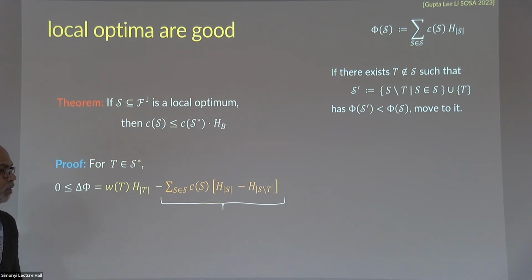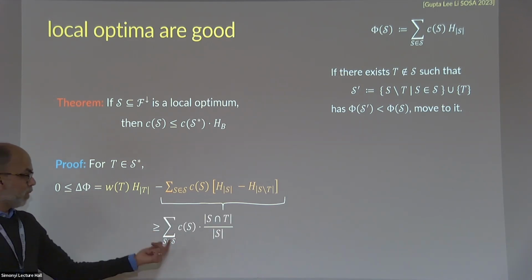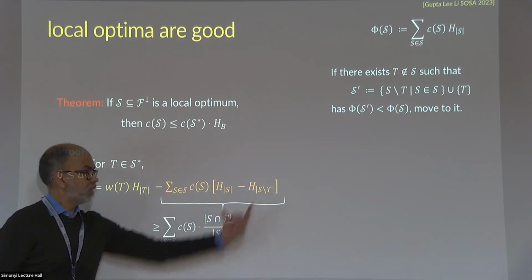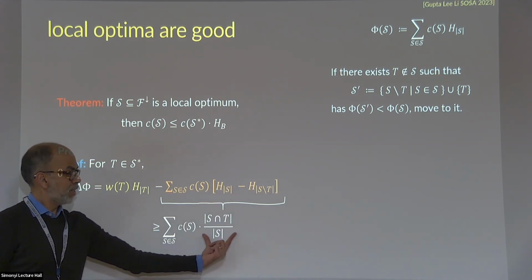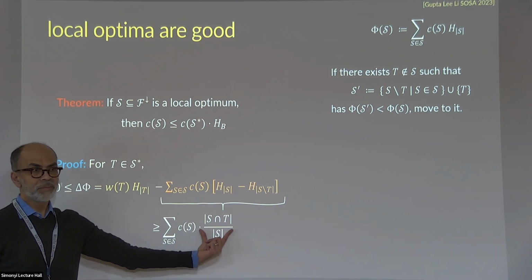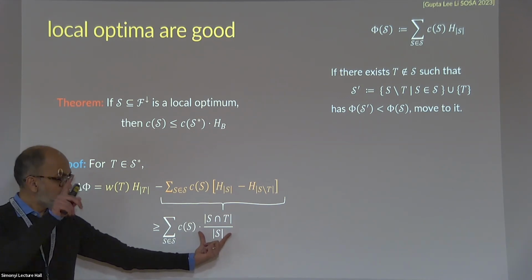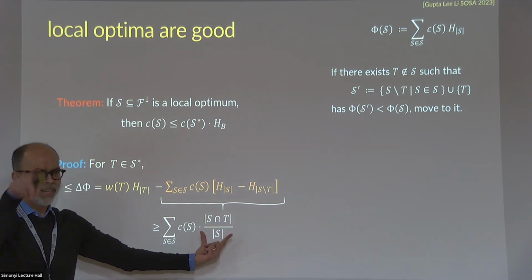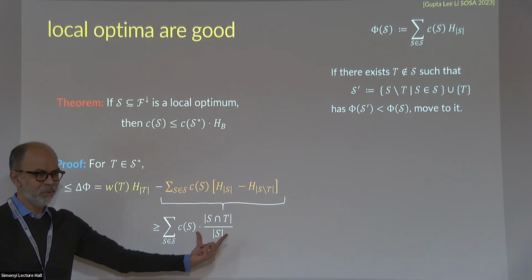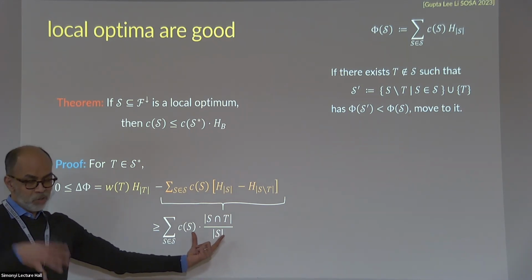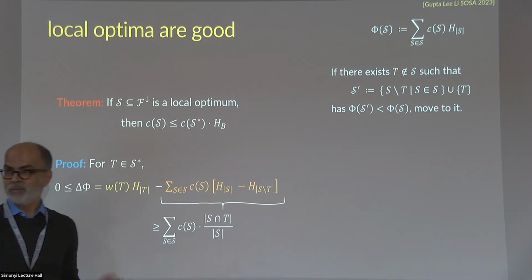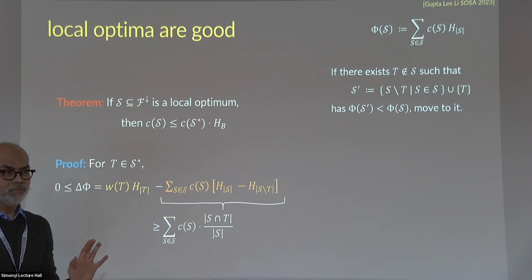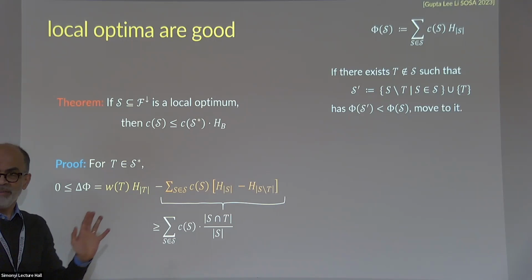Let's look at this part. My claim is each of these things is at least, it's really 1 over S plus 1 over S minus 1 plus 1 over S, whatever. Each of those marginal improvements is at least this much. Fair enough?